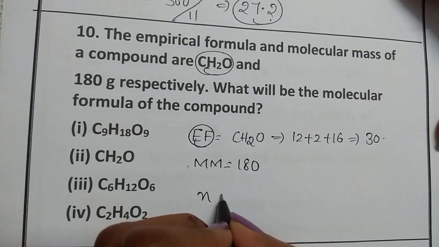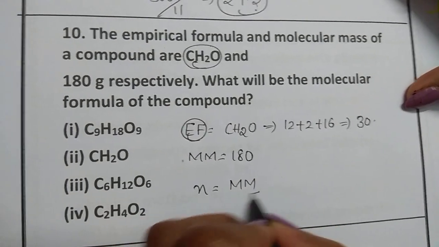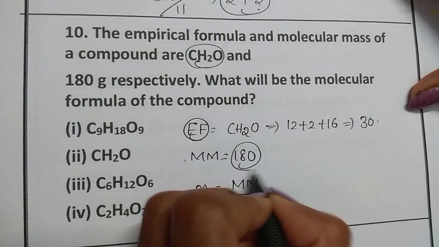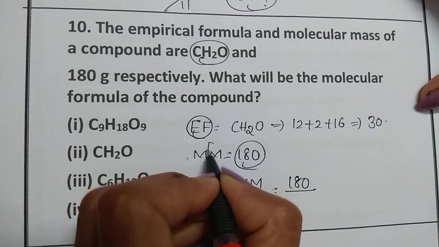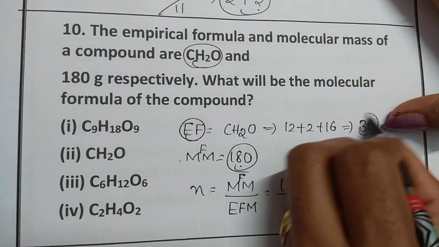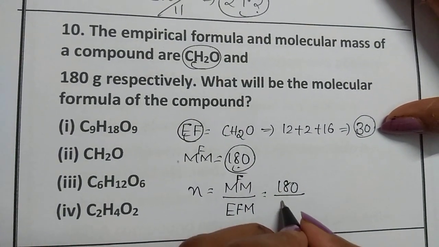Then you need to find the integer value, n value. How to find the integer? Molar mass by empirical formula mass is the formula. Molar mass, in the sense molecular formula mass, is 180, divided by empirical formula mass, which is how much, my dear students? It is 30.